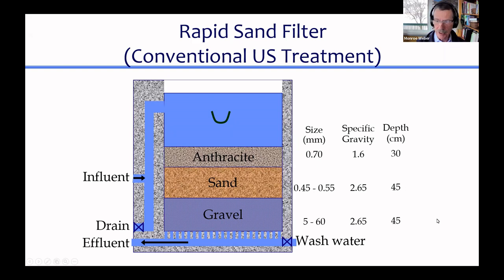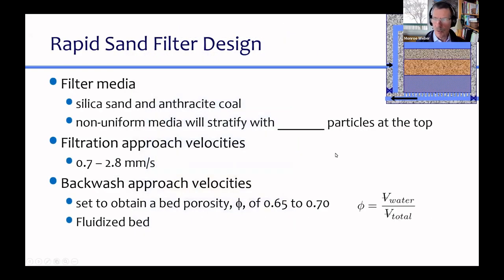And that ends up being critical because what's happening when you backwash the filter, the water's going to go up through this filter so fast that it's going to fluidize it. The sand is going to be moving around, supported by the water pressure that's pushing it up, and all the sand and anthracite could potentially mix.